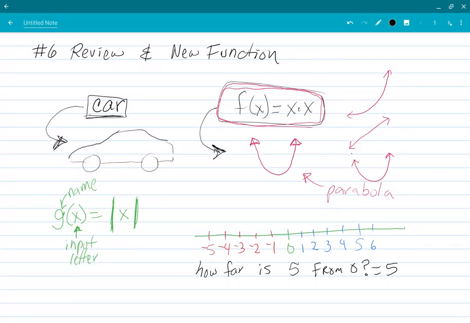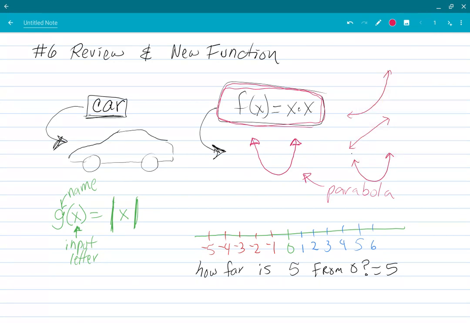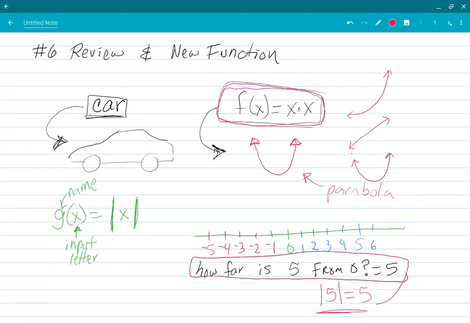Now, I'm going to say that exact same sentence in Mathanese. So this is exactly saying this sentence right there. Okay. Simple, right?